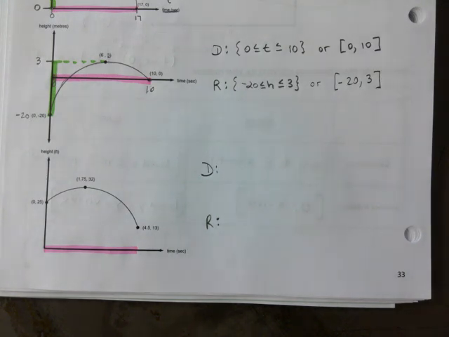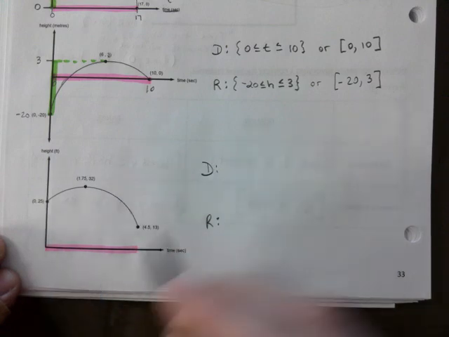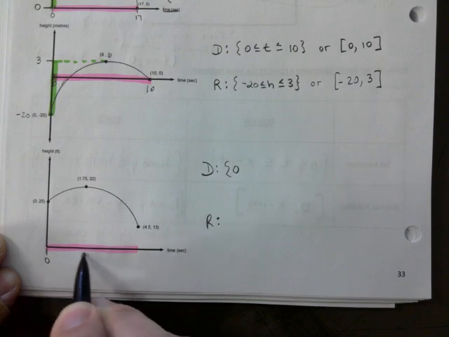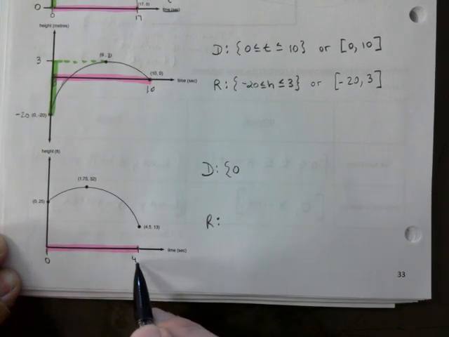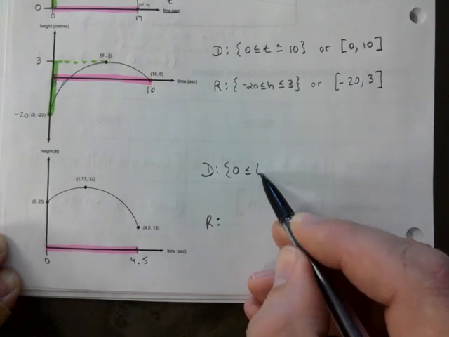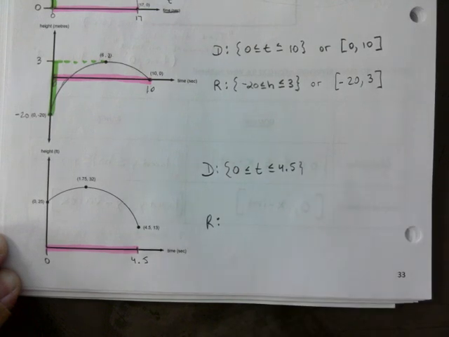So that's what it is. And so our domain would go from 0 here, x value 0, all the way to where does the story end? Where does the curve end? It's 4.5. So time in this case would be 4.5.